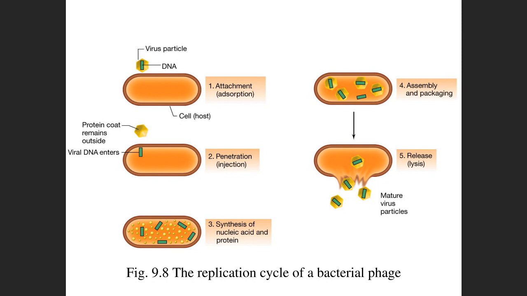The DNA is injected into the host cell, penetrating it. The viral DNA is made in such a way that it's harder for the host bacteria to distinguish it. They disguise it as bacterial DNA, trying to hide, and get injected.